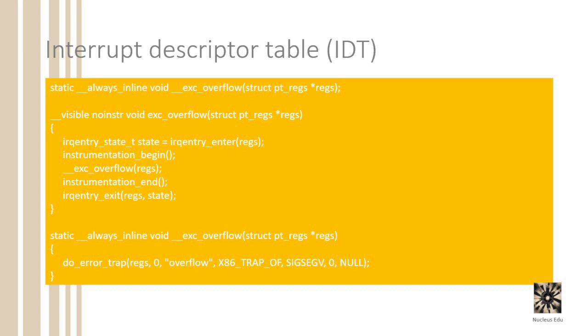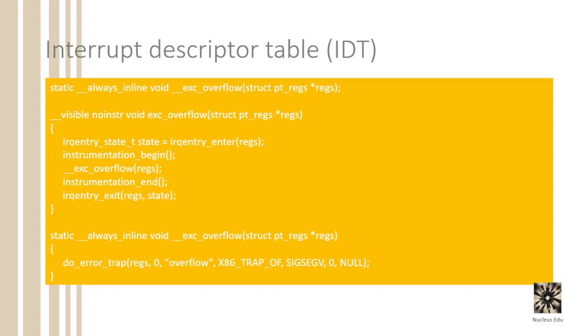It has a little bit of instrumentation in the beginning, and there are two function calls which are important: __exc_overflow, and another one at the end, which is irqentry_exit. As I mentioned, this is a synchronous signal, hence first it is generated, and this generation is handled through __exc_overflow, and then it is delivered at the same time, and the delivery is handled by irqentry_exit.